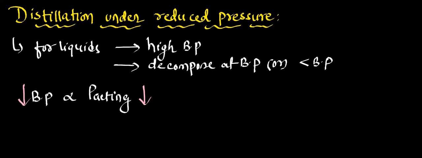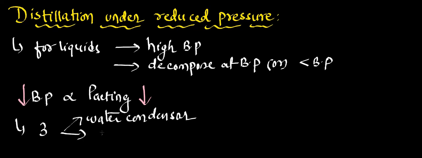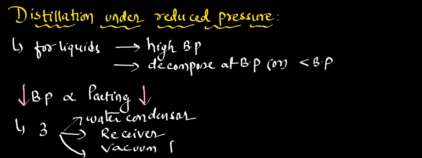And here we will be using three parts of apparatus. One is the water condenser, and then the receiver. The water condenser is used for condensing the vapors of the liquid and the receiver to receive the distillate, and here we use a vacuum pump. The job of the vacuum pump is to suck out the air so that the air pressure is reduced.